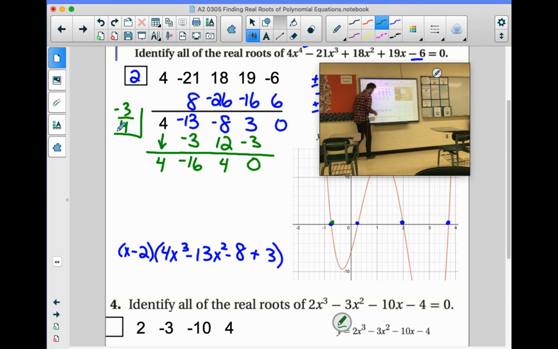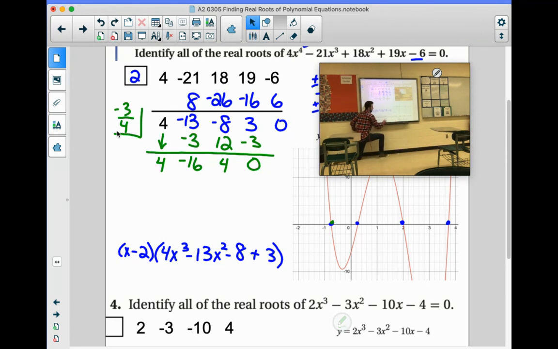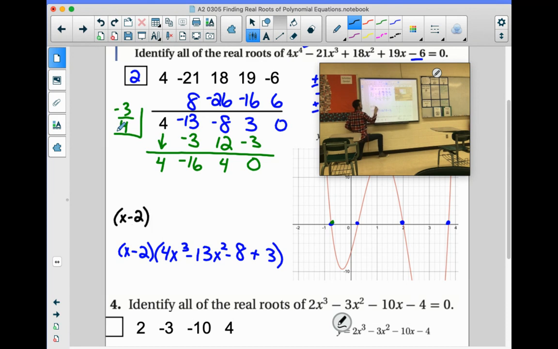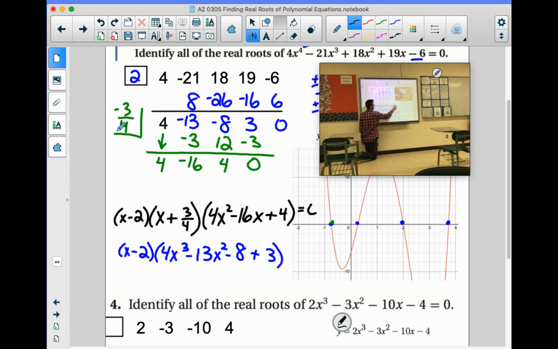So negative 3/4 will be another factor. So far we have x minus 2 and x plus 3/4. And then what's left is 4x squared minus 16x plus 4.